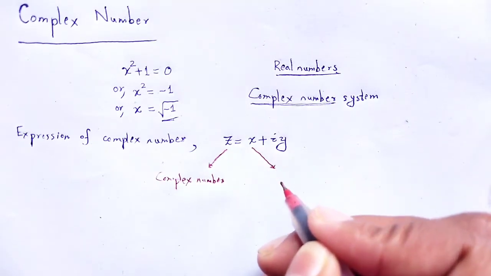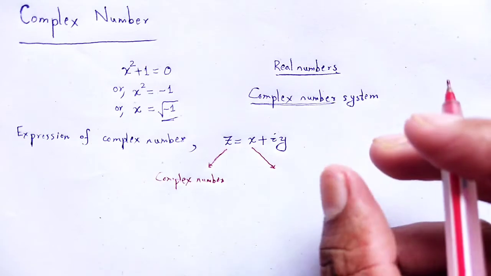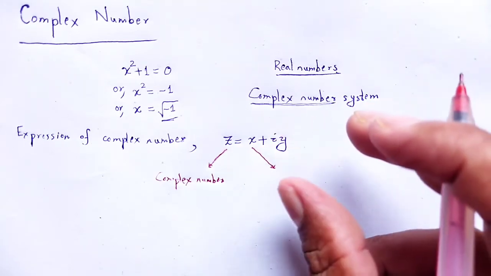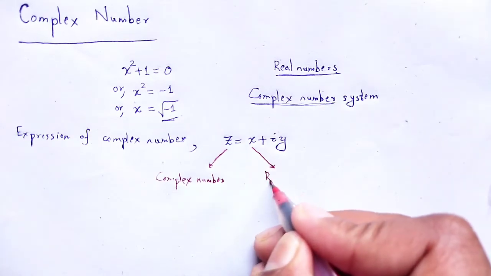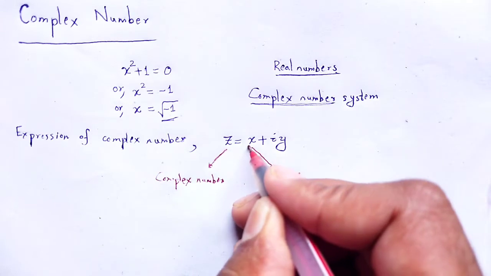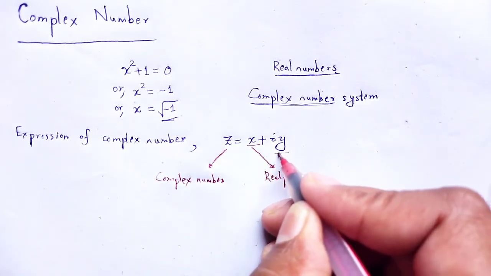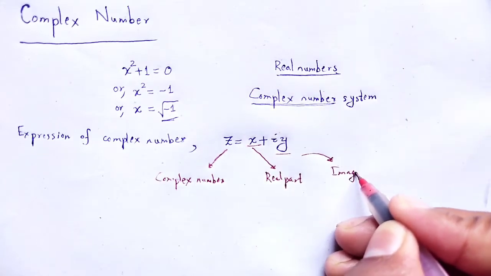x and y are the real numbers. This part is known as the real part, and this part is known as the imaginary part.